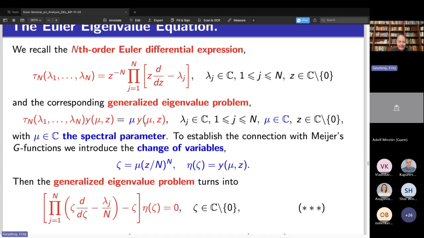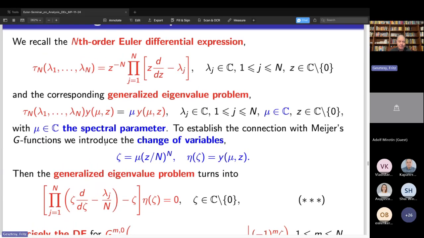And if you make the following change of variables, so you go from z that you see here in the Euler differential expression to zeta that you see here, and you see it involves the parameter mu, and you divide z by capital N, and then you take it to the nth power. So that's the change from z, or if you want somehow z to the n, to zeta, and you introduce a new function y that then depends on zeta.